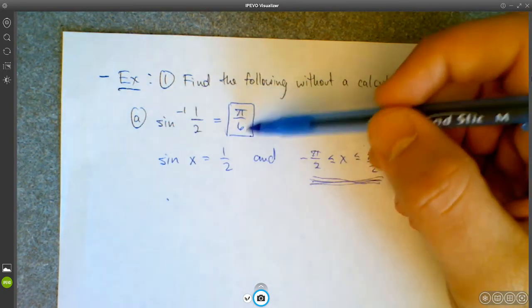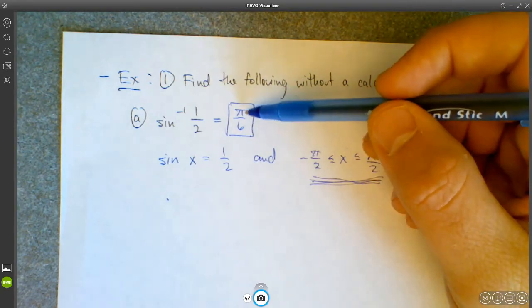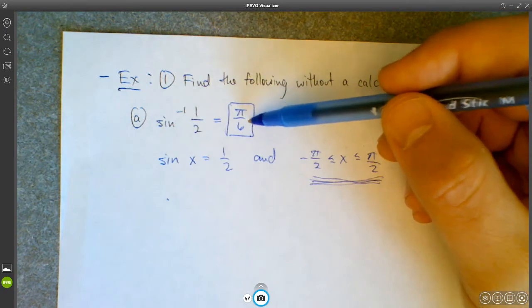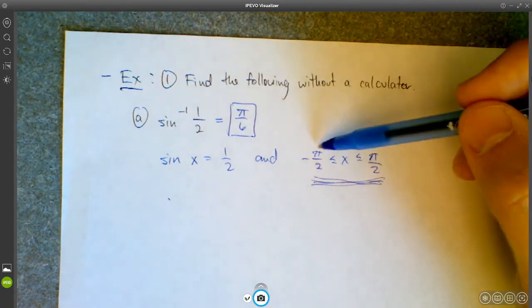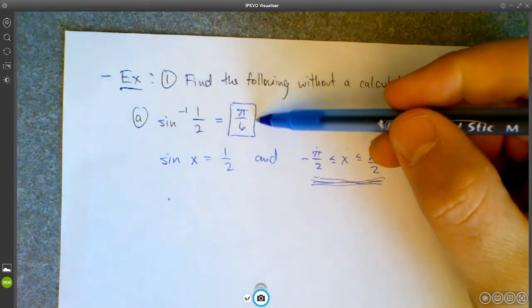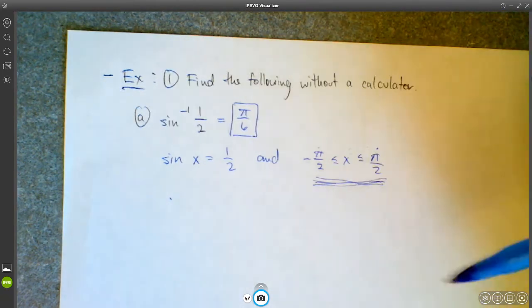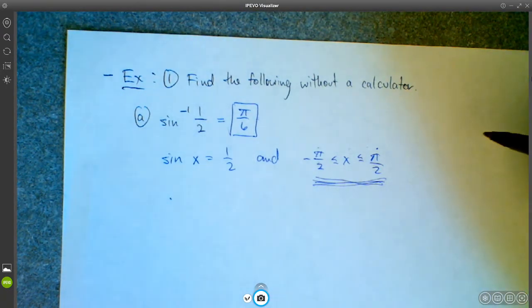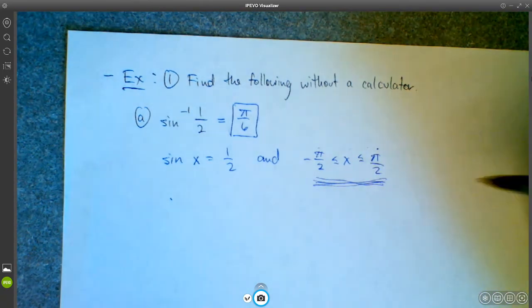There are infinitely many values such that sine of that value is equal to 1/2, but only one of them lives between negative pi over 2 and pi over 2, and the one that lives in the correct region is pi over 6. That's why sine inverse of 1/2 is pi over 6 and not 5 pi over 6, for example. 5 pi over 6 is more than pi over 2.